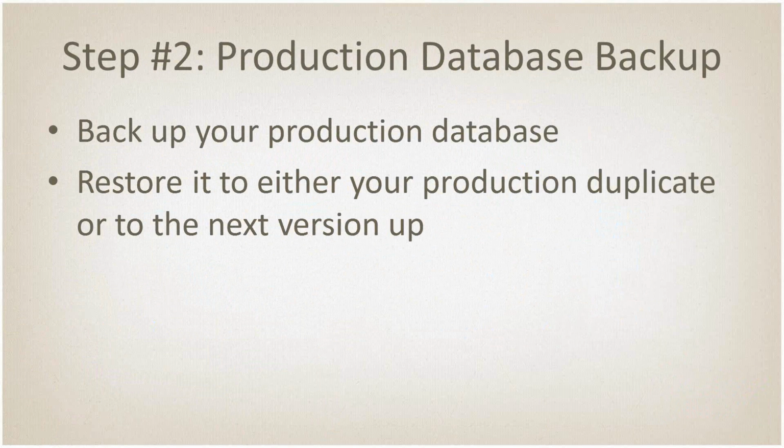Make a backup of your production database. That's step 2, fairly obvious. And again, you can restore it into a duplicate of production or into the next version up. So if we started with CRM 4.0 and we're going to 2011, we would take the backup from 4.0, put it on the 2011 machine, restore it and start the process from there.